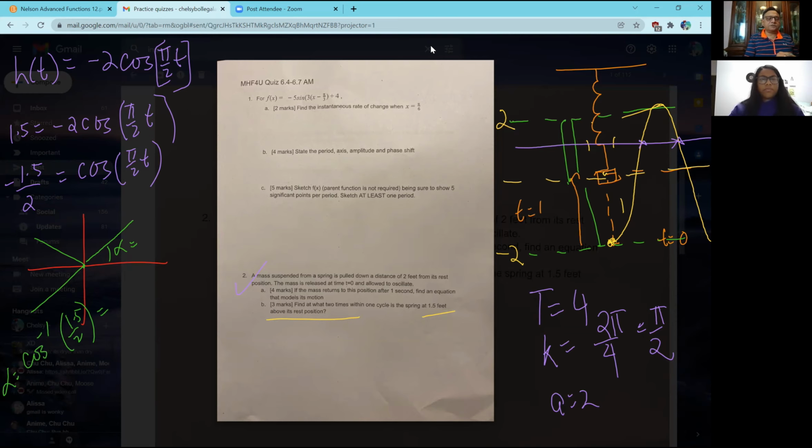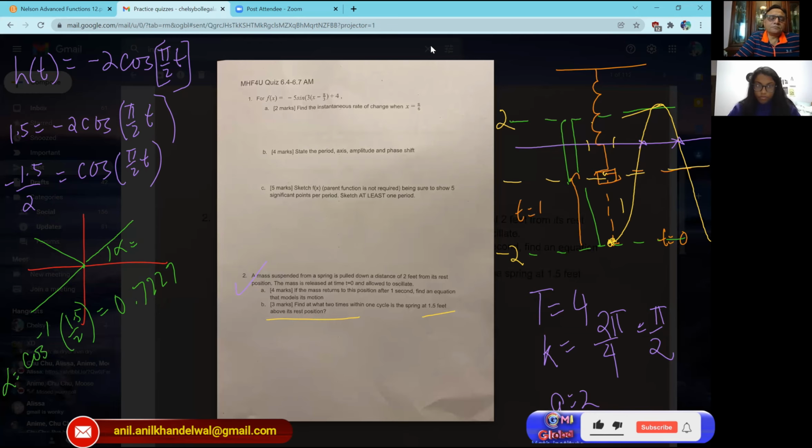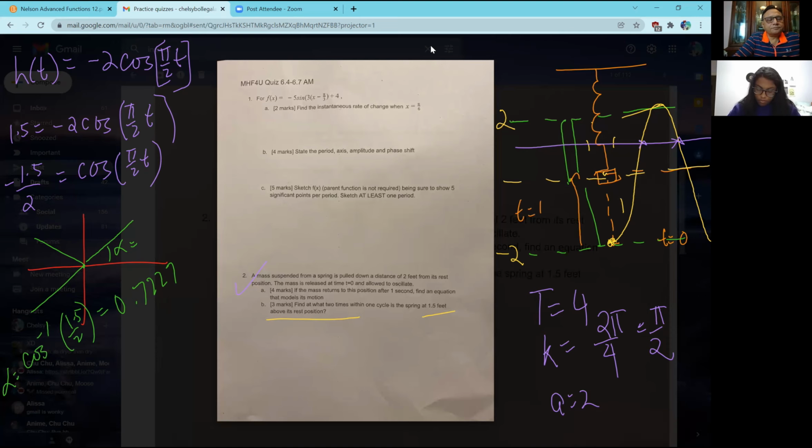Shift cos inverse of 1.5 divided by 2. How much do you get? Yeah, I got the same answer. 0.7227.